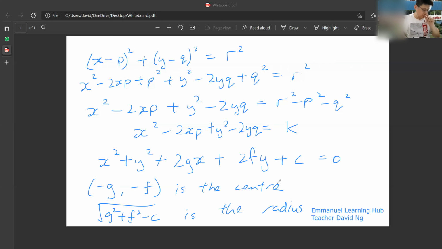This is the general form. But do not be intimidated by seeing this. How to remember this? Because from the general form you can always find the standard form, simply by completing the square.